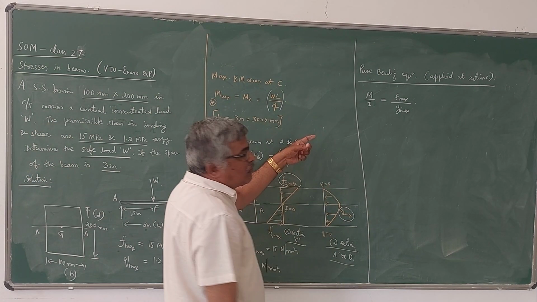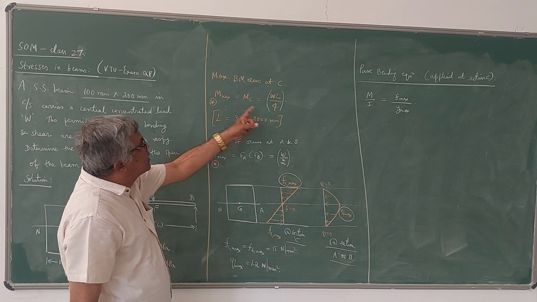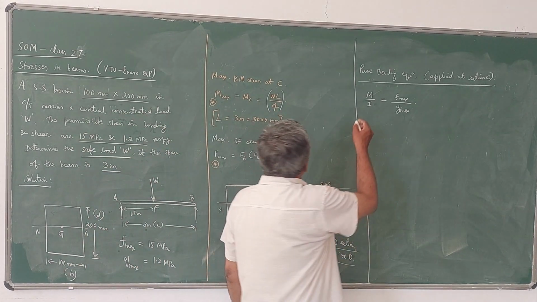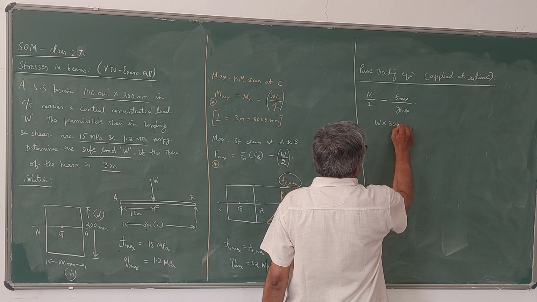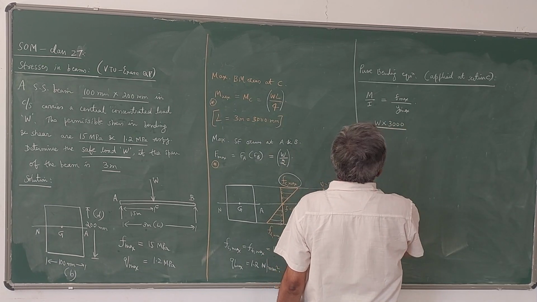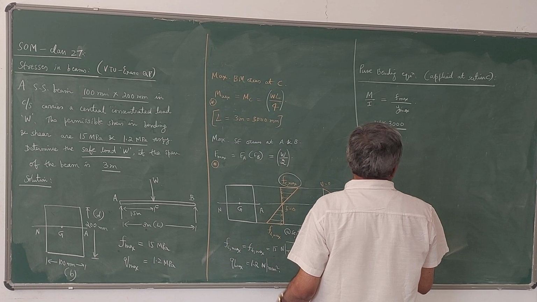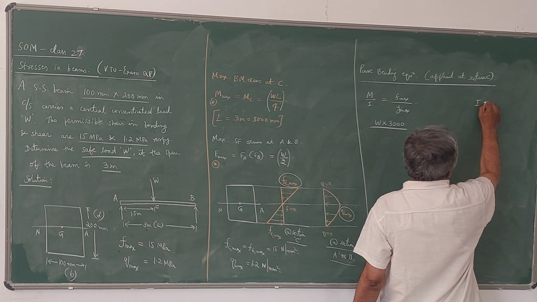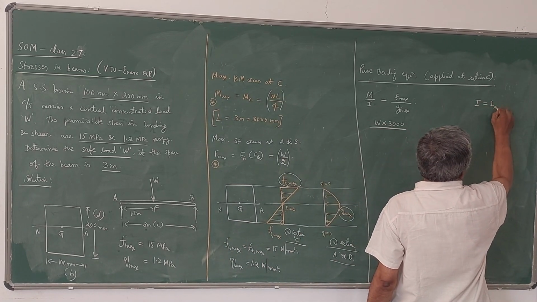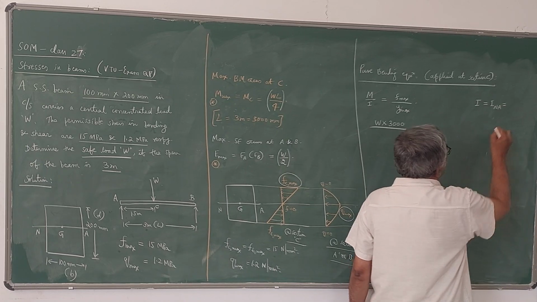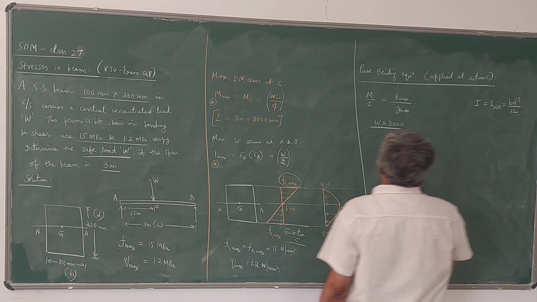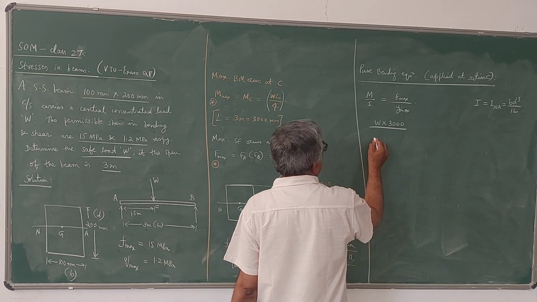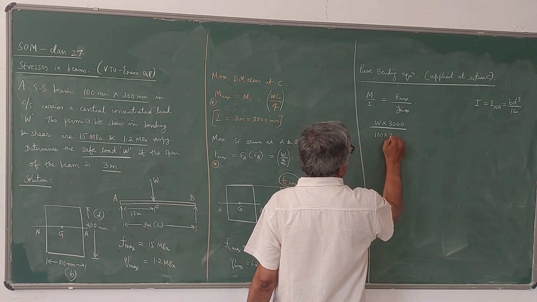Now, we don't know the value of moment here, but moment can be expressed in terms of W. So M is WL by 4 here, where L is 3000, divided by I value, which is bd cube by 12. So please note that for a rectangular section, the moment of inertia about the neutral axis or the centroidal axis is bd cube by 12. Here b is 100 mm, d is 200 mm.